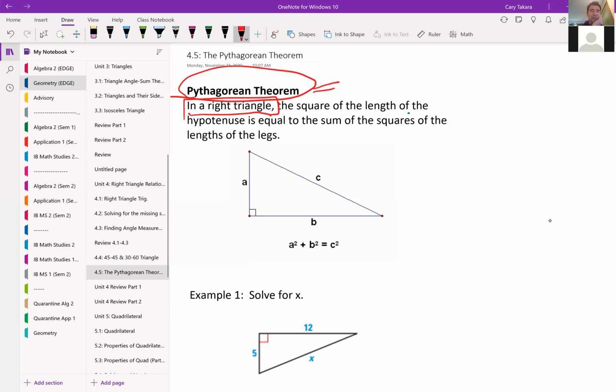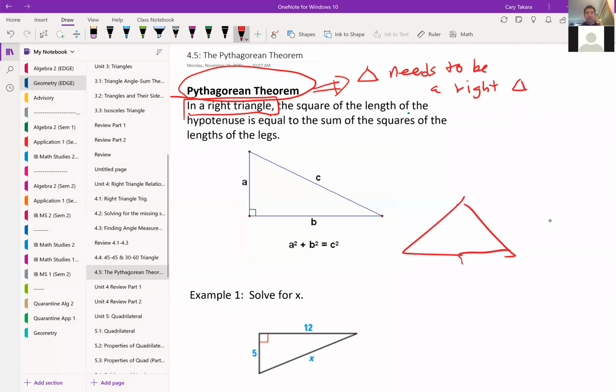The triangle needs to be a right triangle. Otherwise, there's no point of applying Pythagorean theorem. If it's just like, let's say, this one, if it's not a right triangle, you cannot apply Pythagorean theorem.